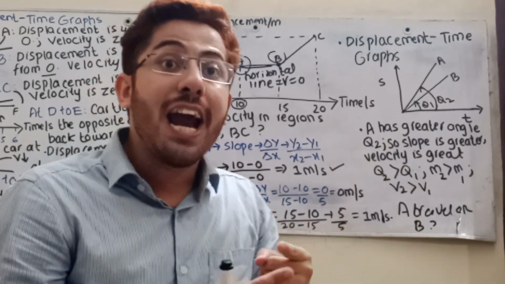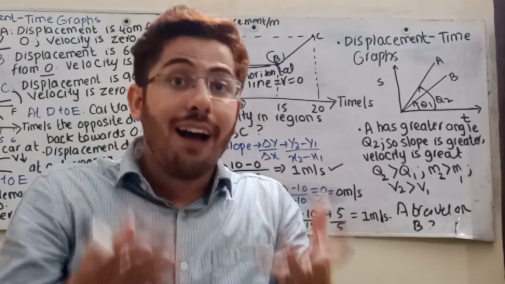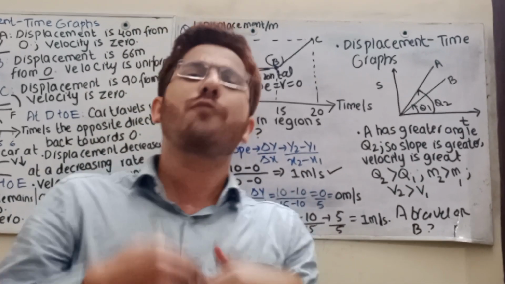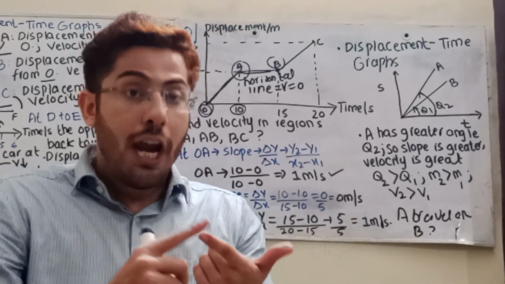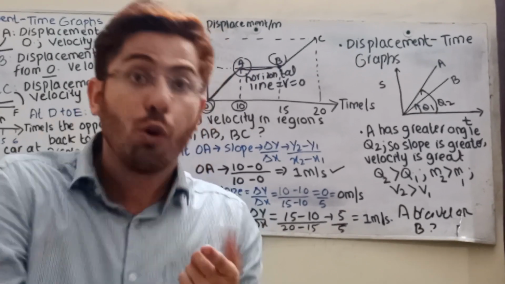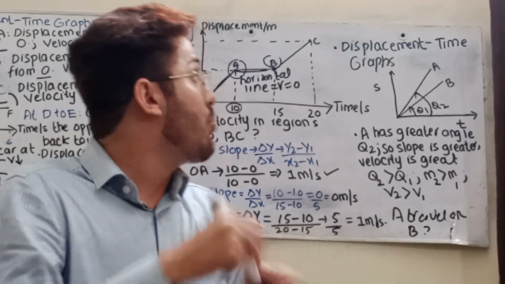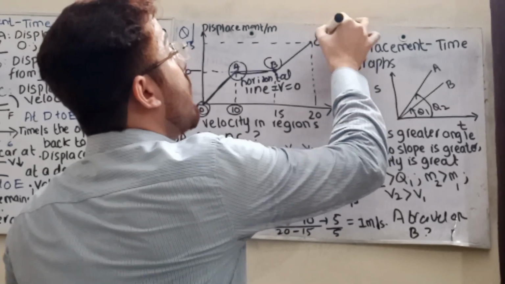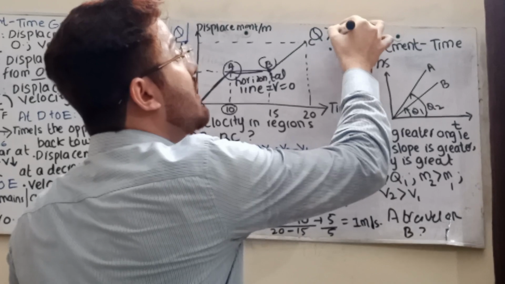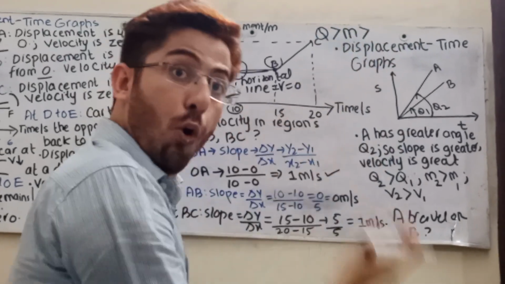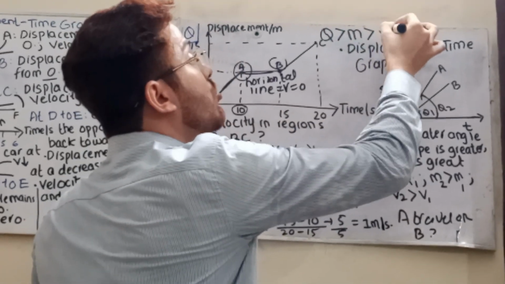If any car or any object has a greater angle, it means it has a greater slope, and it means it has a greater speed. Remember my word: if theta is greater, slope is greater, and if slope is greater, velocity is greater.